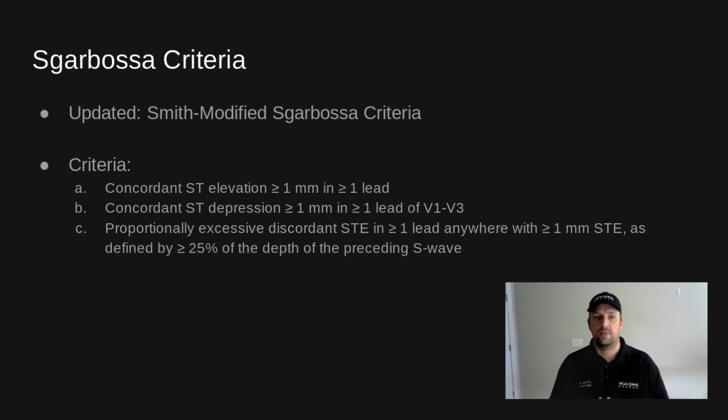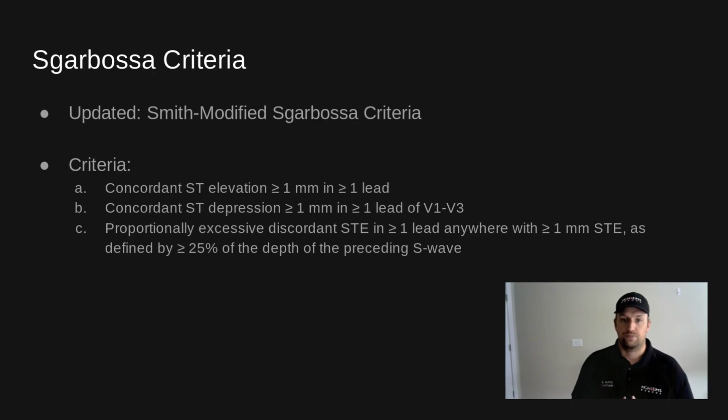Criteria C, proportionally excessive discordant, so going the opposite way of the complex, ST elevation in 1 or more leads anywhere, with 1 or more millimeters of ST elevation as defined by 25% of the depth of the preceding S wave. This sounds confusing and it's a mouthful, but I'll show you here in a second what we're talking about.